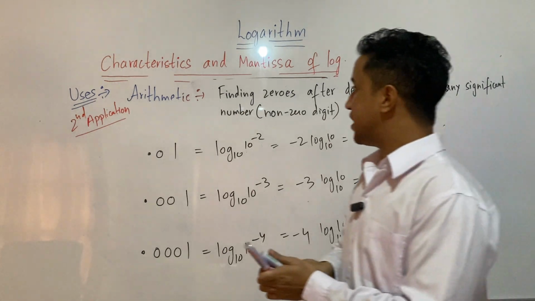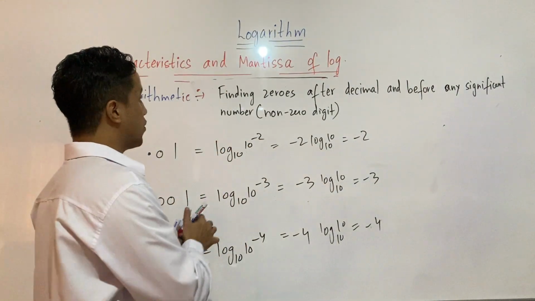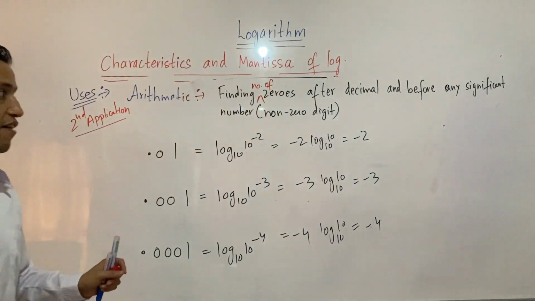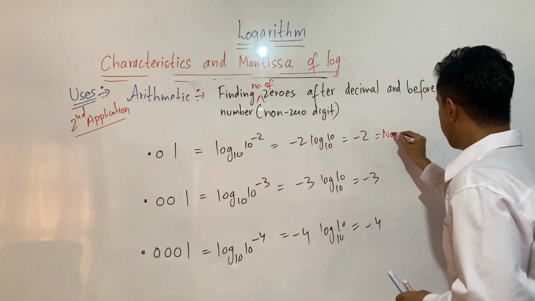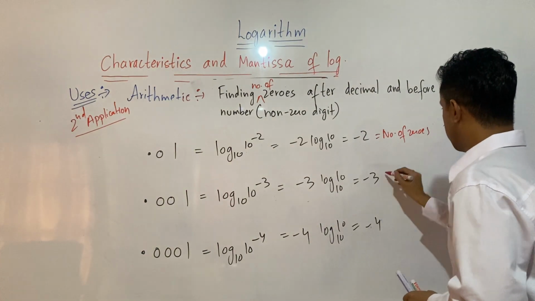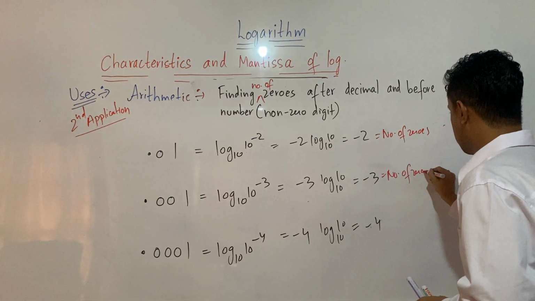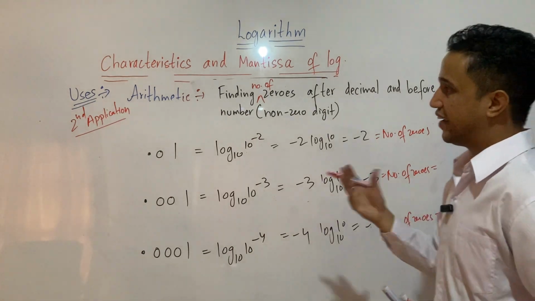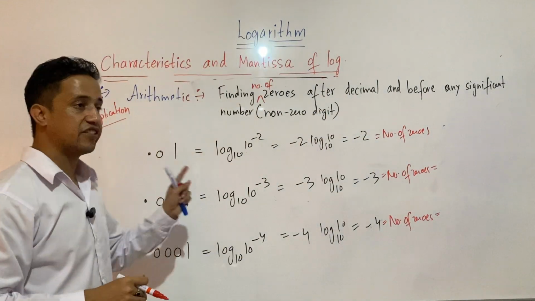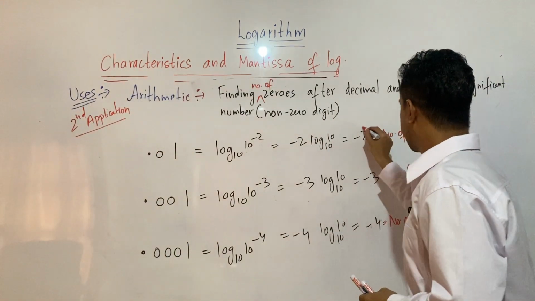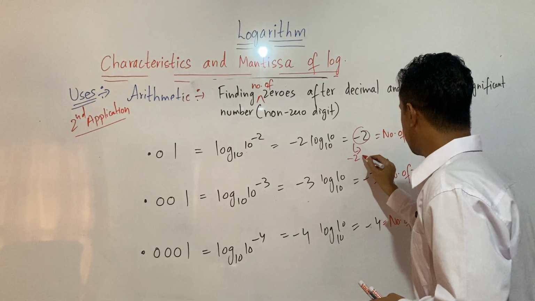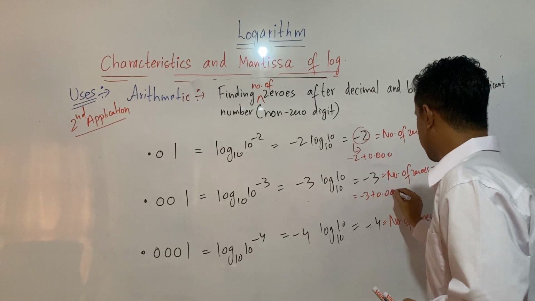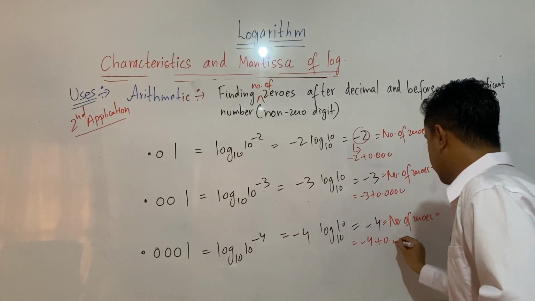Now, when we have to find the number of zeros, we can break it down: minus 2 plus 0.0000, minus 3 plus 0.0000, minus 4 plus 0.0000.